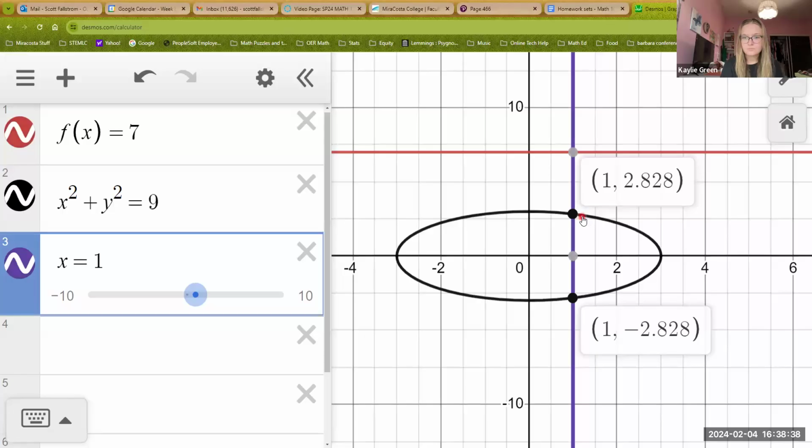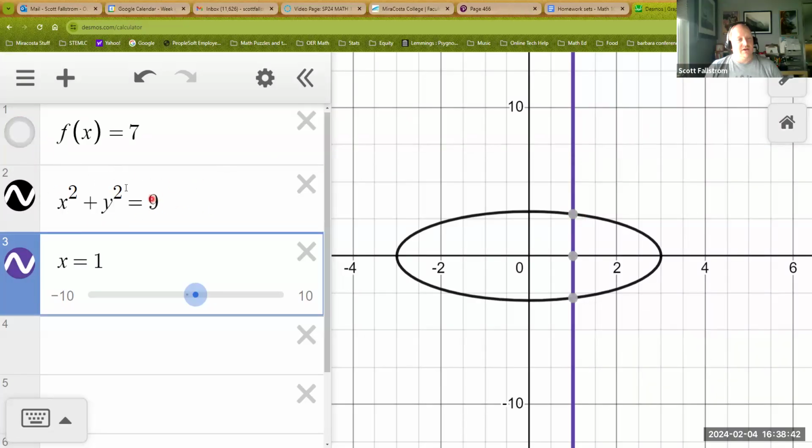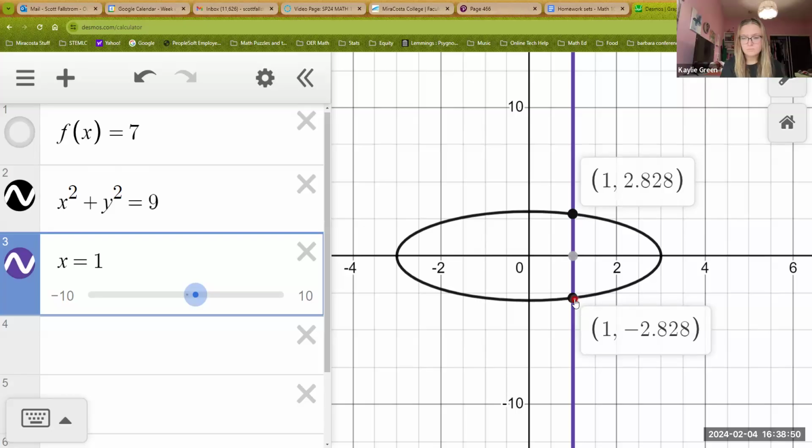So this beautiful picture right here, forget about the red line, just this picture, looks kind of like an ellipse. That's not a function. Because when I plug the number 1 into it, it fails, because it has more than one output. So if you want to think about each input, think about it being like a vertical line that slides across.